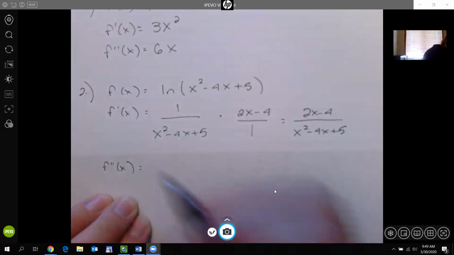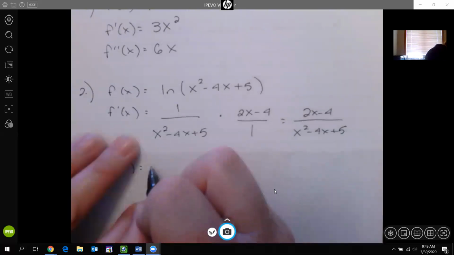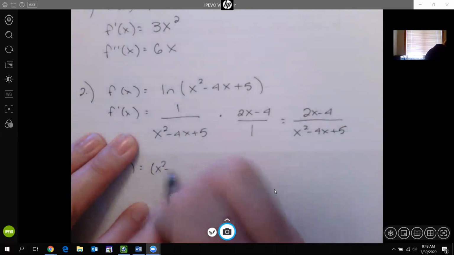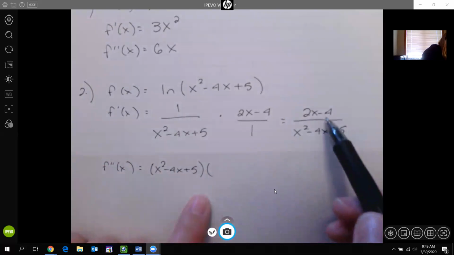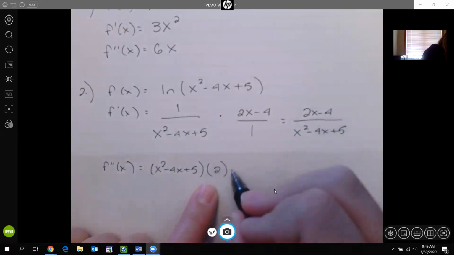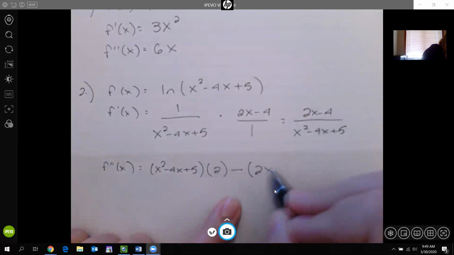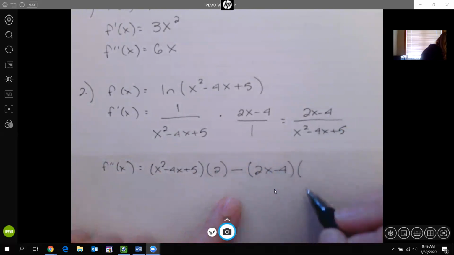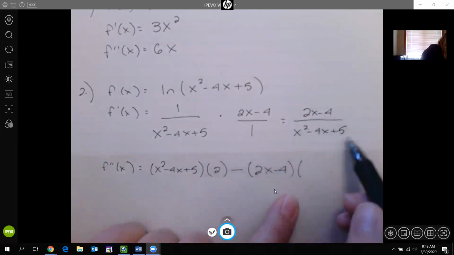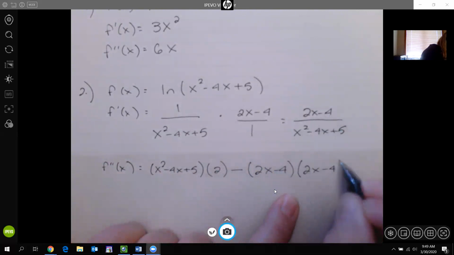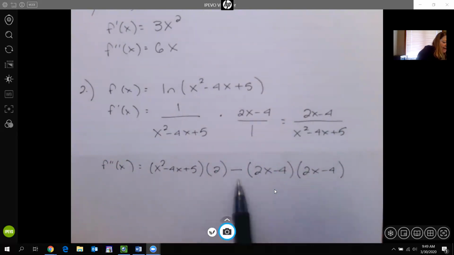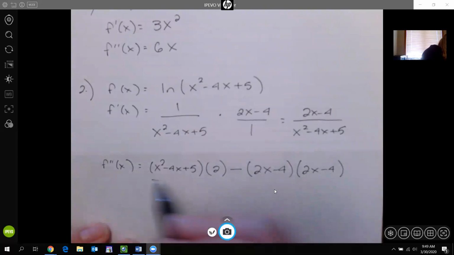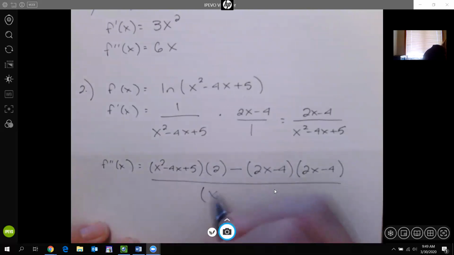Low is x squared minus 4x plus 5, times the derivative of the high, minus the high, the top, times the derivative of the bottom, which would be 2x minus 4. So low d high, derivative of the top, minus high d low, all over low squared. We don't need to simplify.